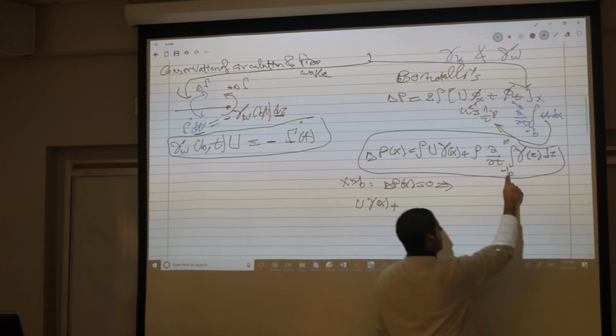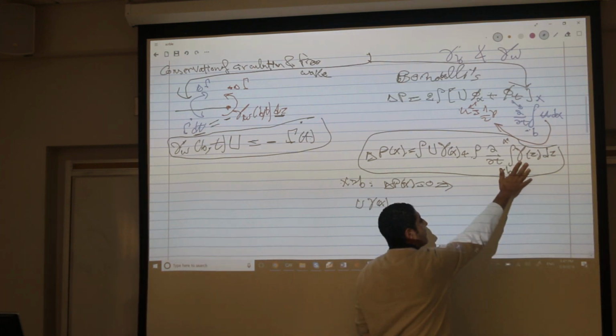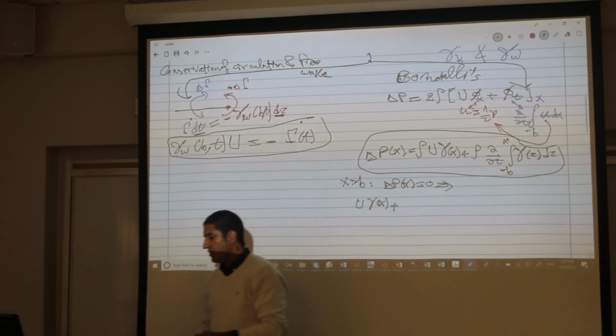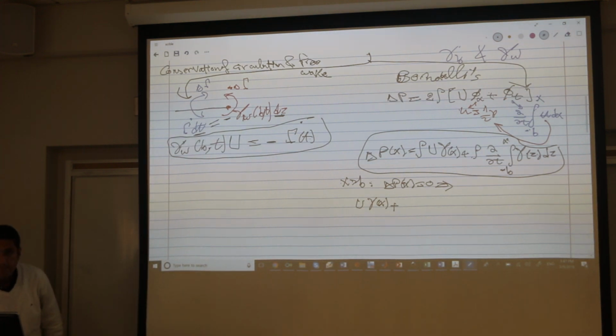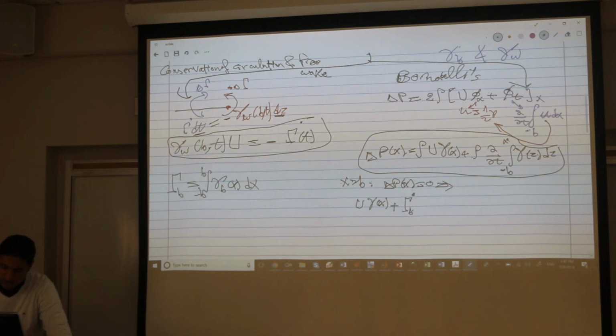So the integral from negative b to b of gamma bound, what's that? What is the integral of negative b to b gamma bound of x dx or z dz? What's that? Yes, the total bound circulation. I need partial t for that, so this is gamma bound dot.